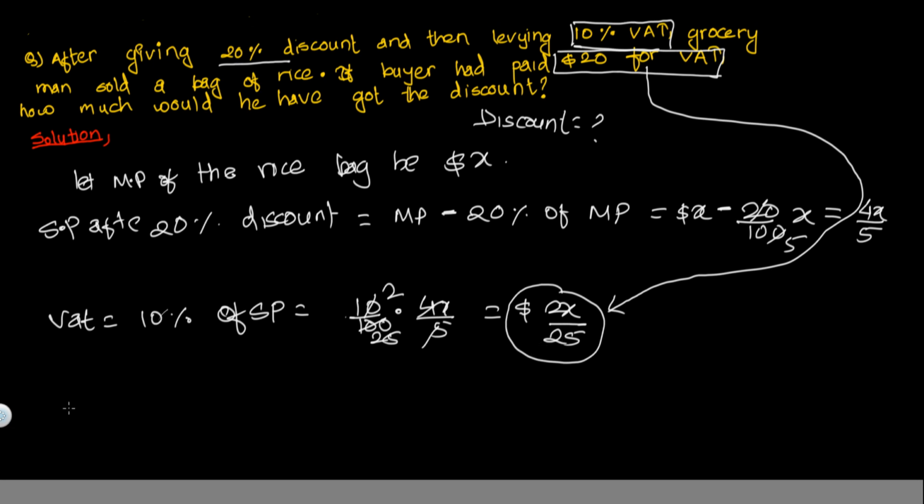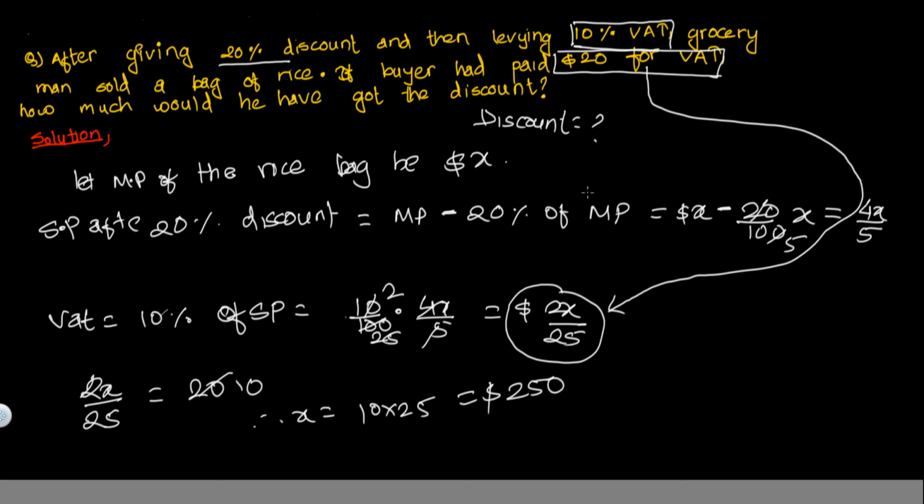So let us do that by equation. 2x over 25 must be equal to 20. 2 times 10 is 20, so your x would be 10 times 25, which will be 250. So this is your mark price. So our MP, or mark price, is 250.